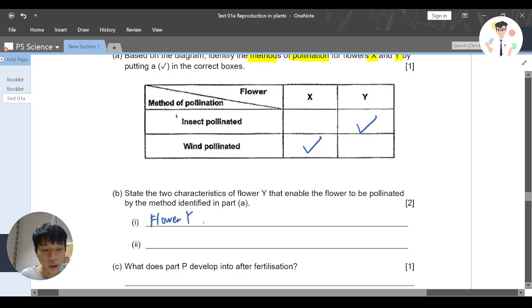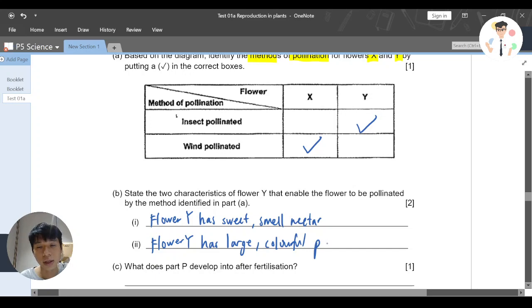Flower Y has sweet-smelling nectar. Why? This is to attract the pollinator to come in. Next, flower Y has large and colorful petals. Again, why does it need large and colorful petals? It's again to attract the pollinator to come in because they are insect pollinated.